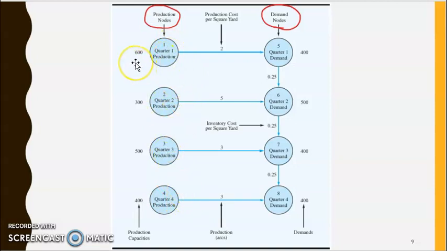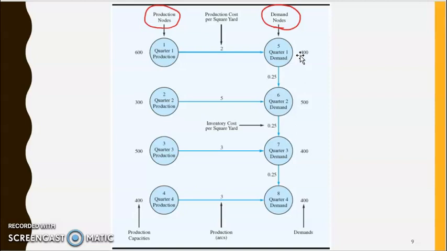Also, about the capacities that we talked, 600 is the capacity of Q1, 300 capacity of Q2, 500 capacity of Q3, and 400 capacity of Q4. On the other hand, it goes for exactly the same quarters, but this time for the demand. So in fact, the movement is inside each node, inside each quarter.